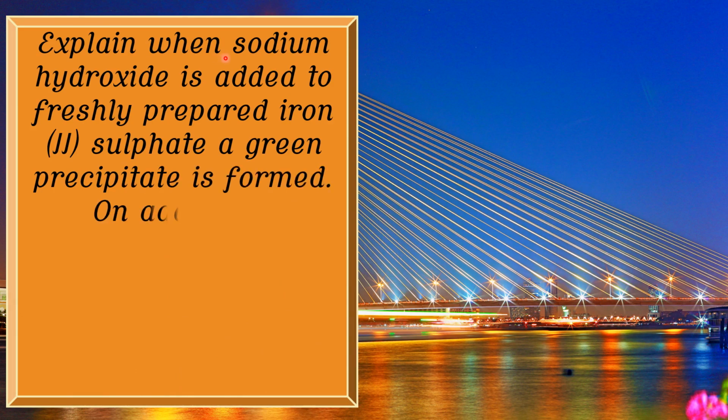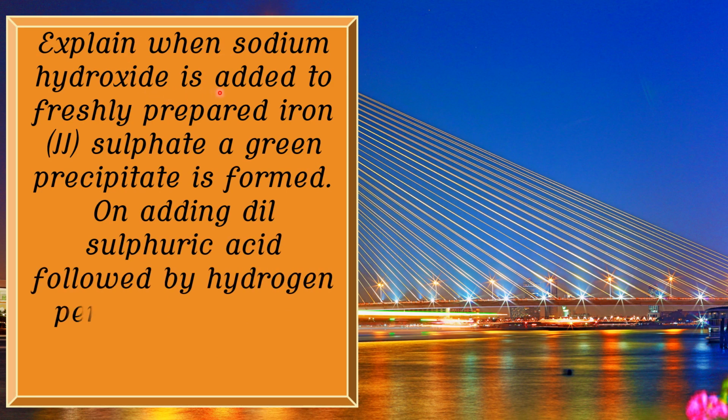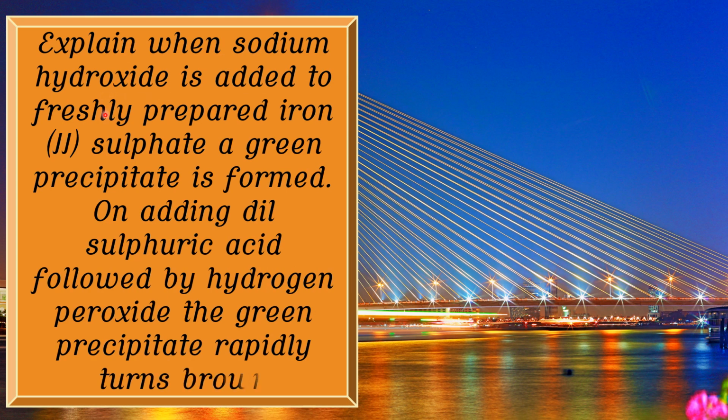Explain. When sodium hydroxide is added to freshly prepared iron 2 sulphate, a green precipitate is formed. On adding dilute sulfuric acid, followed by hydrogen peroxide, a green precipitate rapidly turns brown.